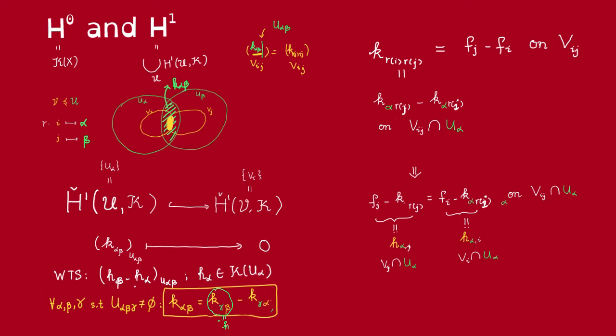Can't we just take this to be H_beta and this to be H_alpha? Then voila, isn't this just H_beta minus H_alpha? So what's the problem with this? The problem is that this K_gamma alpha is only defined on this intersection. So we can't just extend it blindly to the whole of U_alpha. But we need a section H_alpha on the whole of U_alpha. So what should we do?